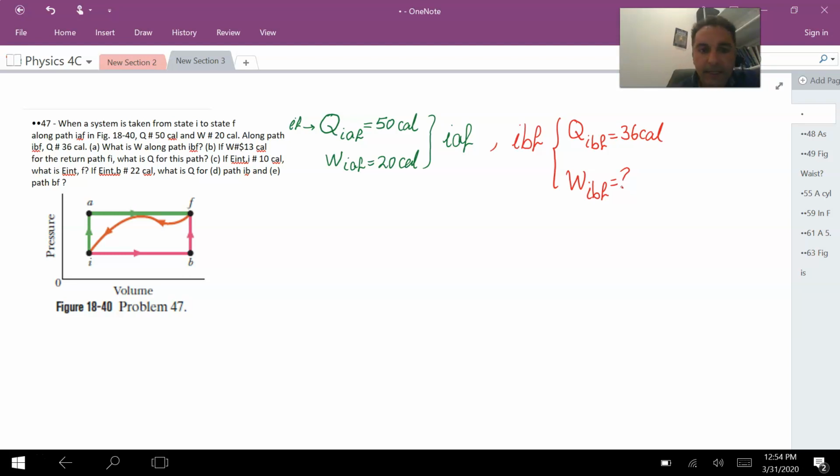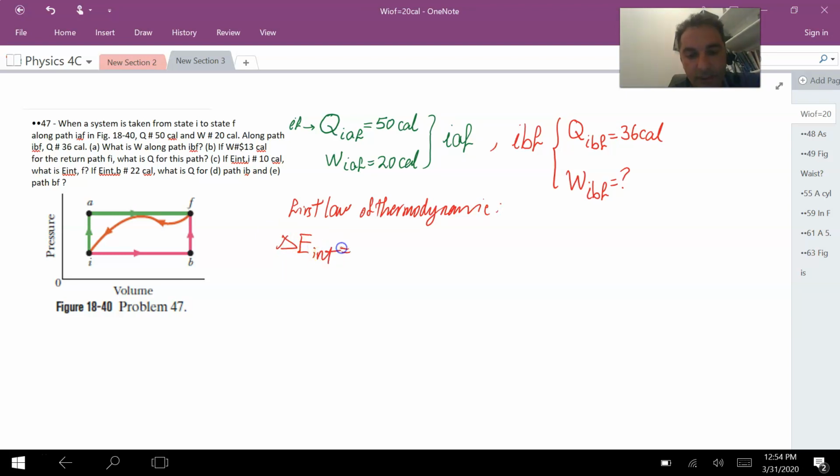Okay, so for IBF and IAF, let's write the first law of thermodynamics. Always, always. So first law of thermodynamics. What it says, delta E internal is Q minus W. So I'm going to apply this equation for each path.